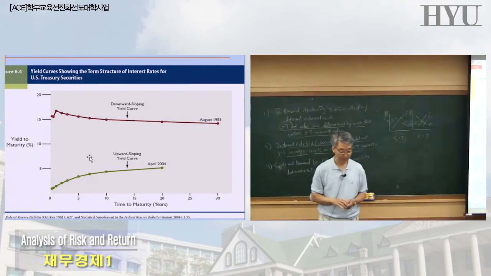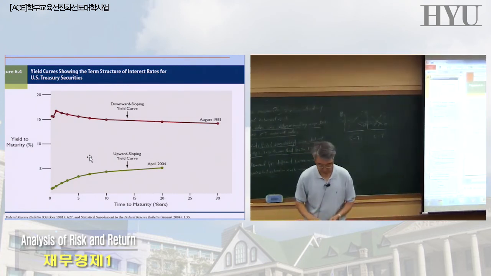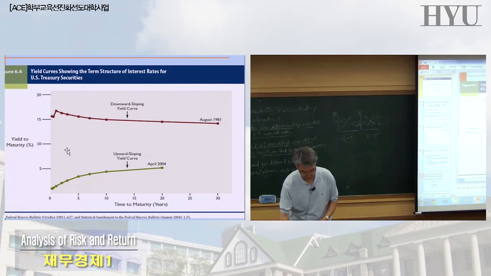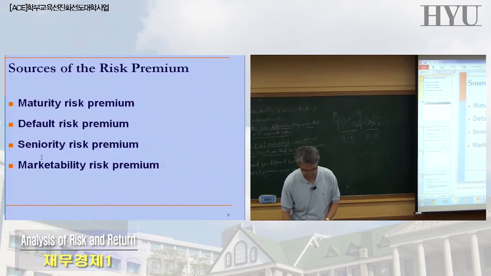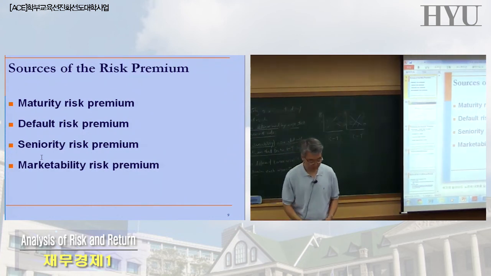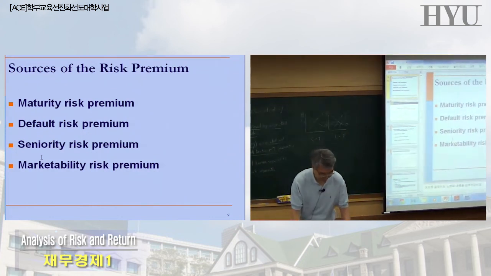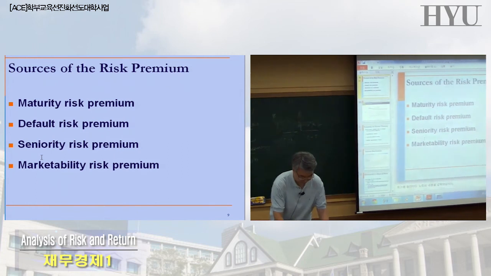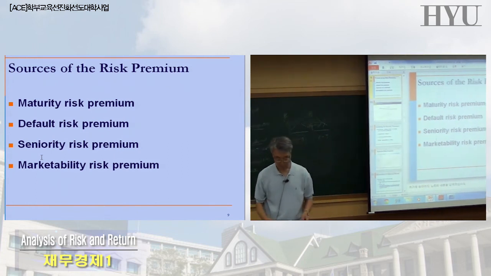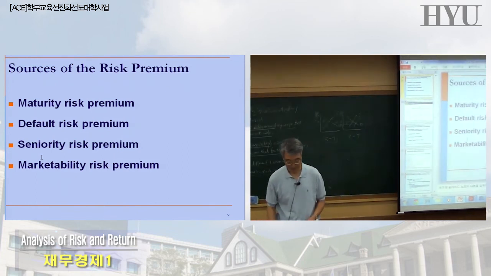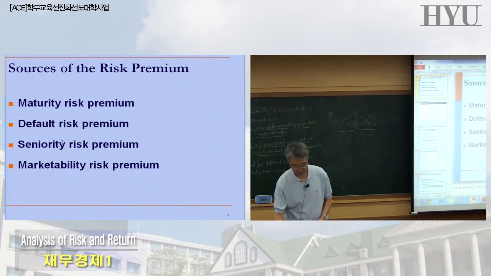That's the idea of market segmentation theory. And this is just the explanation for maturity risk premium. So we covered just one. The rest are pretty simple.